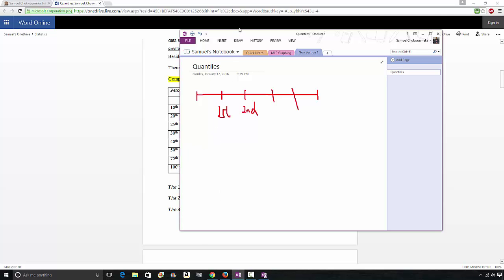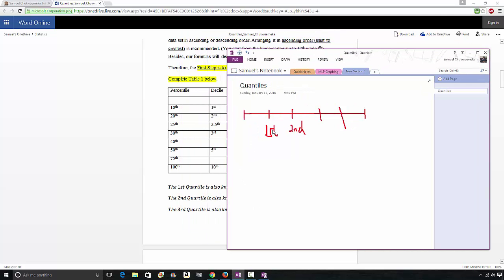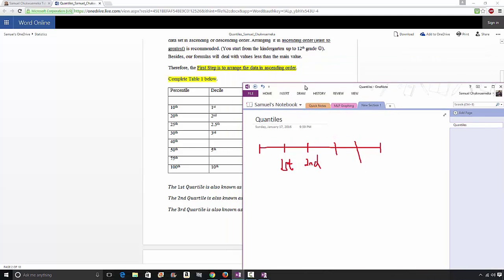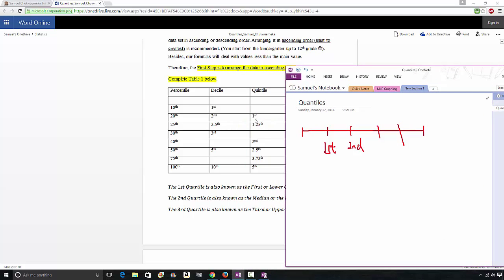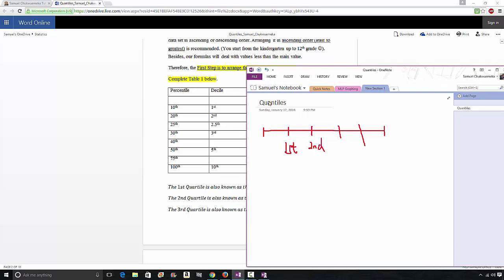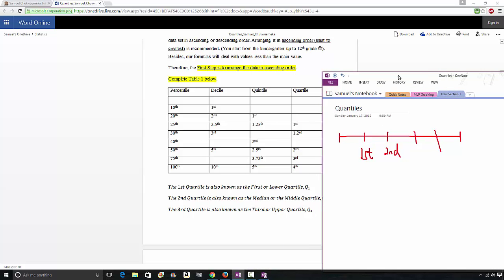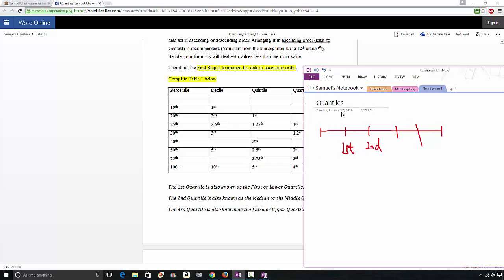So the first quintile is the 20th percentile. Remember that percentiles, deciles, quintiles, and quartiles are all quantiles. Quantiles are just equal groups.